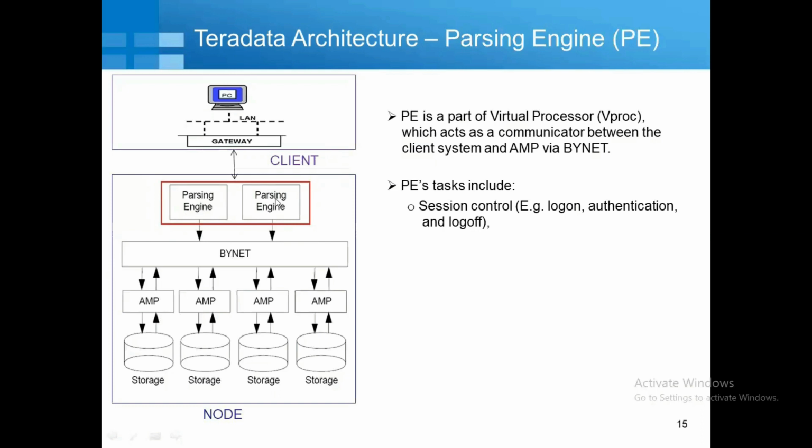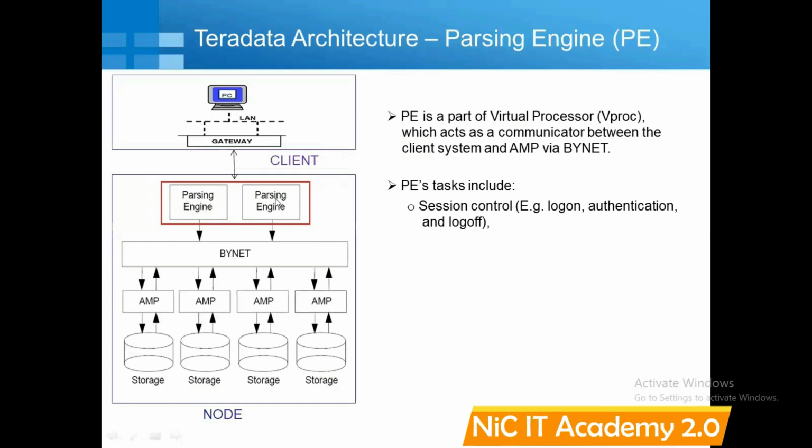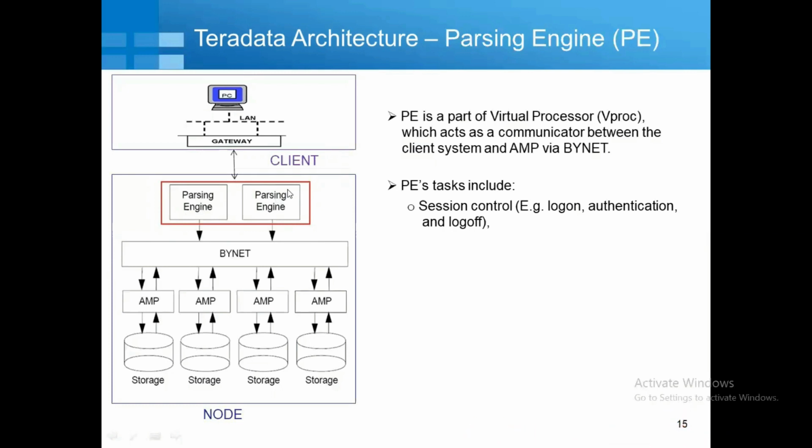Sometimes a system account may get locked or expired. At that time, the parsing engine itself will stop it. Sometimes while executing a job you get the error that your session has expired or the logon has expired. At that time it will not go into the database at all. The parsing engine itself authenticates and tells you the error.